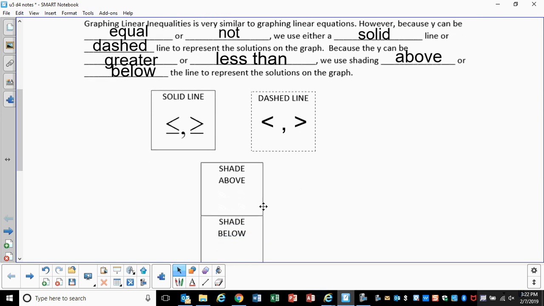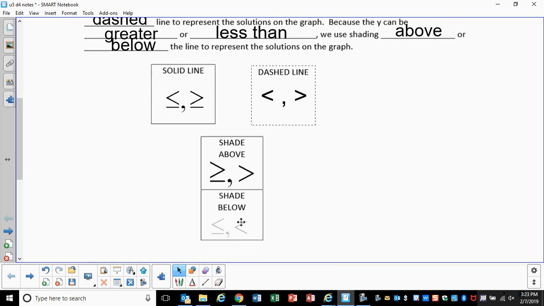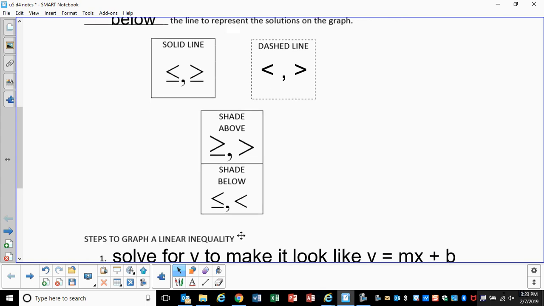Okay? We shade above the line to show all of our solutions if the inequality was a greater than or equal to or just greater than. We shade below if it's just less than or equal to or just less than. Okay? Let's go ahead and I can walk you through the steps.